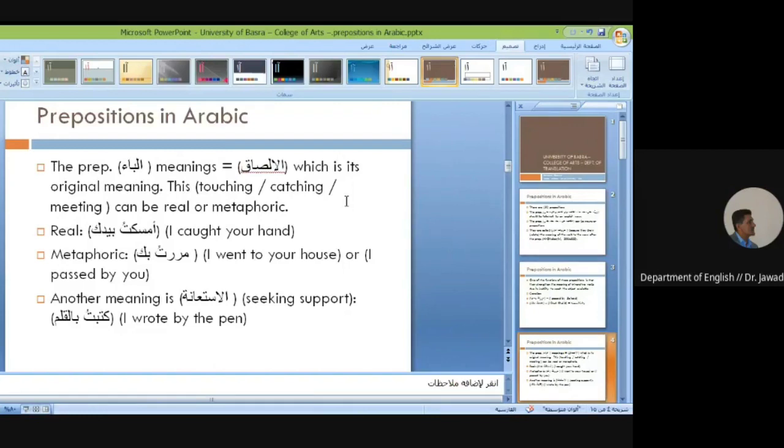It means there is no real attachment, no real touching between me and you. Sometimes when I say مررت بك, maybe it is a kind of possibility. Perhaps I don't see you. I went to your house, but I didn't find you there.